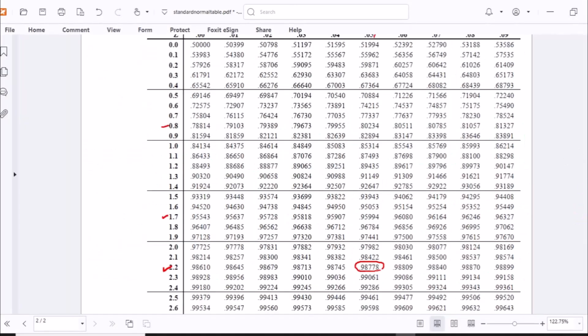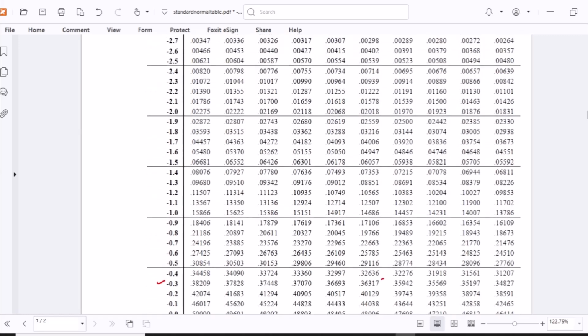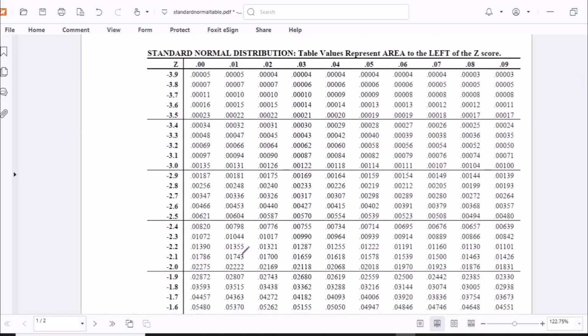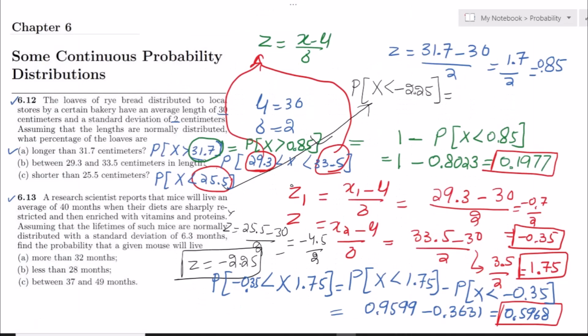So minus 2.2, and the 5 is here, so this is 0.0122. That is the solution of part C of my question 6.12.